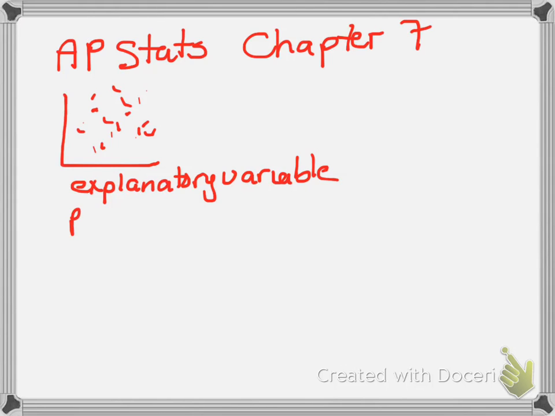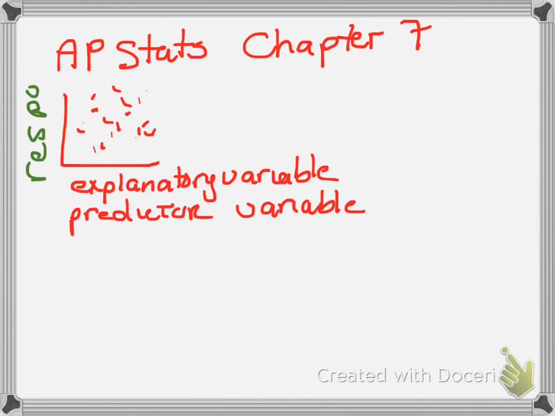Also, it was called the predictor variable, okay? And the vertical axis is the y, the dependent, the response, what comes out. So we'll do a lot more with that in Chapter 8. Right now, Chapter 7 is more of an introduction to scatter plots, and we want to talk about the dots.